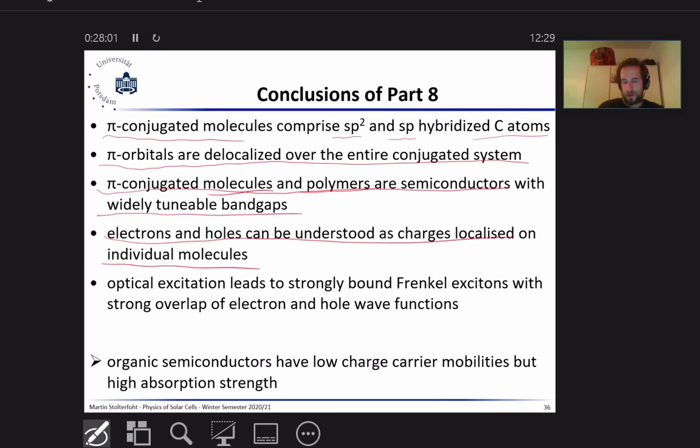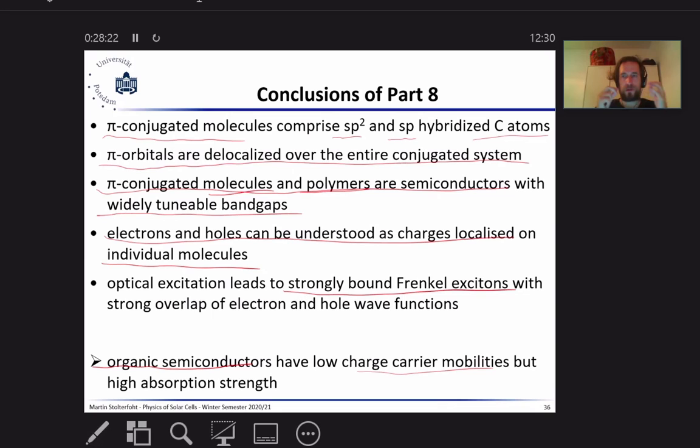And the excitons are strongly bound, and it's called the Frenkel exciton. Organic semiconductors have low charge carrier mobilities because of that hopping, but very high absorption strength.